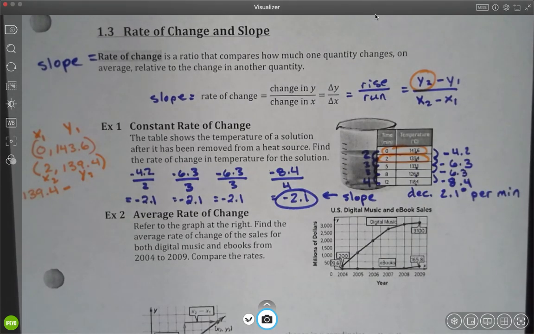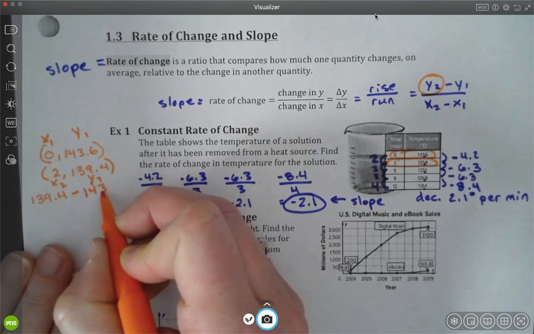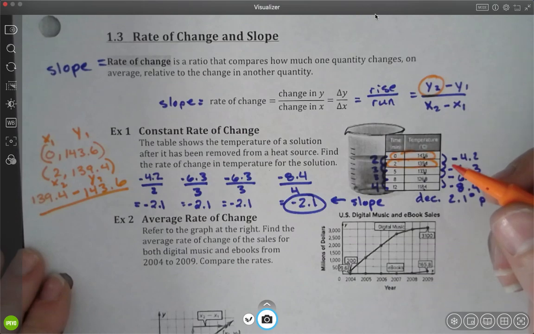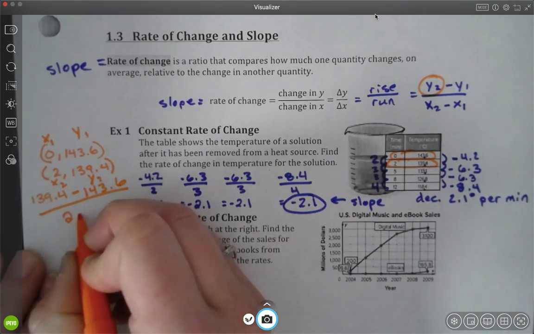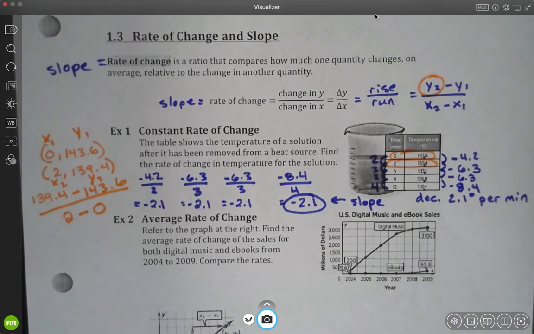X, y, okay? So this is your second y, and this is your first y, yeah? Does that make sense to you? Okay, so we subtract 139.4 minus 143.6 and divide by, what's the second x coordinate? 2, and we subtract 0. 2 minus 0. Okay, so do you see your y2, y1, all that stuff?